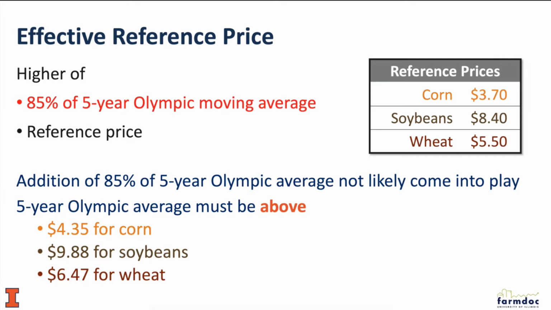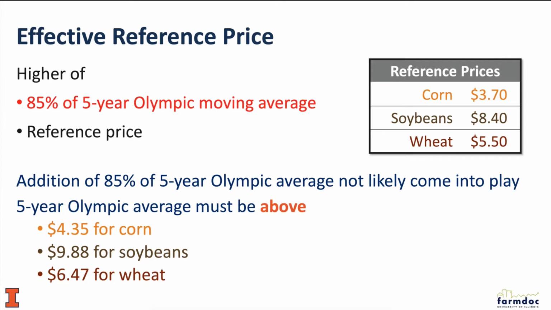A key difference in PLC this time around, that fixed price now sits as the floor, and there is the potential, what we call an escalator provision that was written into the law this time around, which would allow that reference price to adjust upwards if prices go high enough and stay up that way for multiple years.